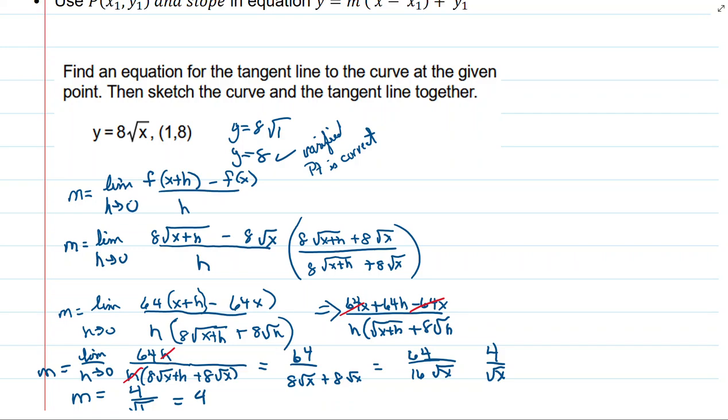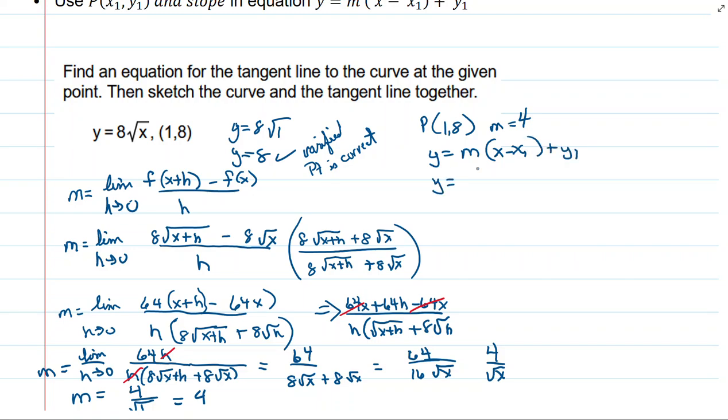Now we're going to construct the line. We have the point (1, 8), and our slope is 4. Everybody breathing? So now I'm doing y equals m times (x minus x1) plus y1.